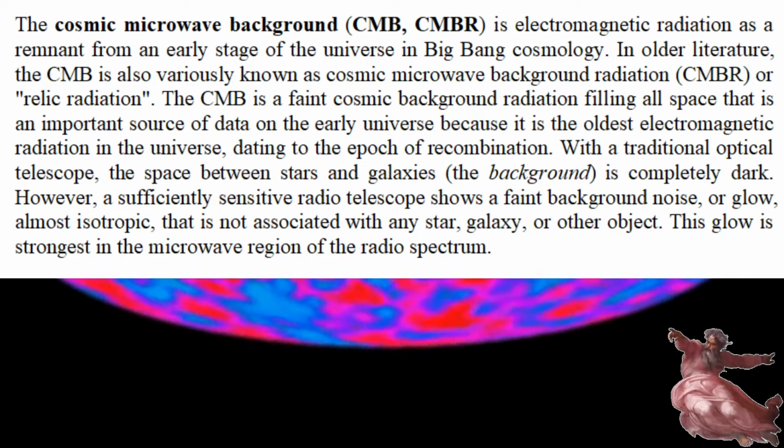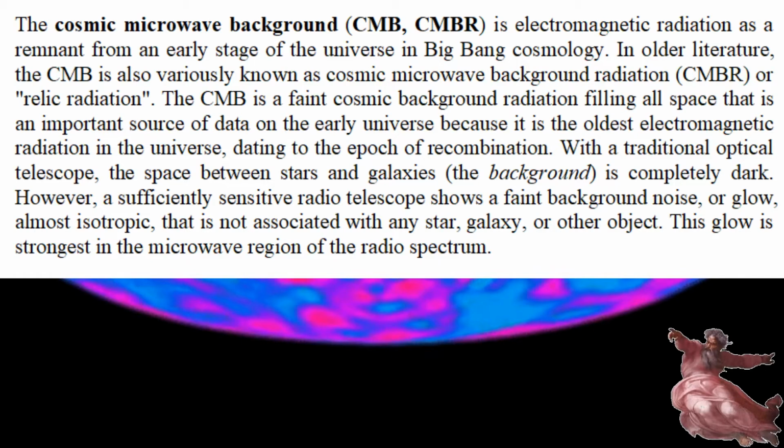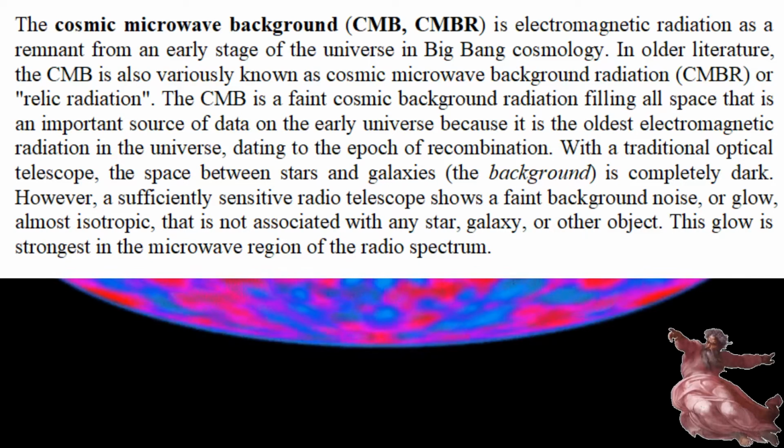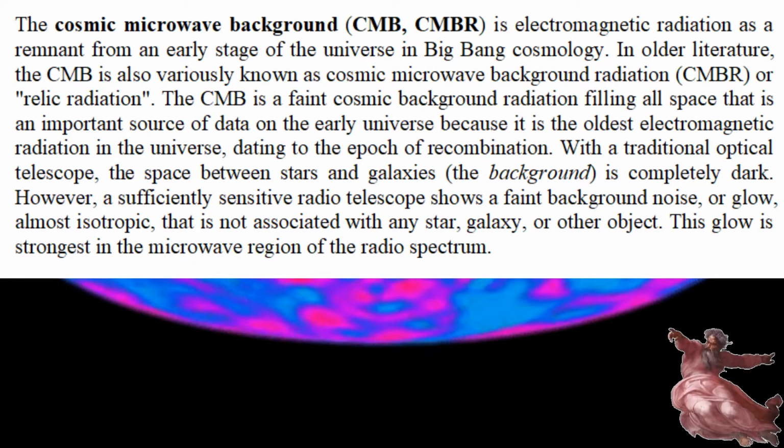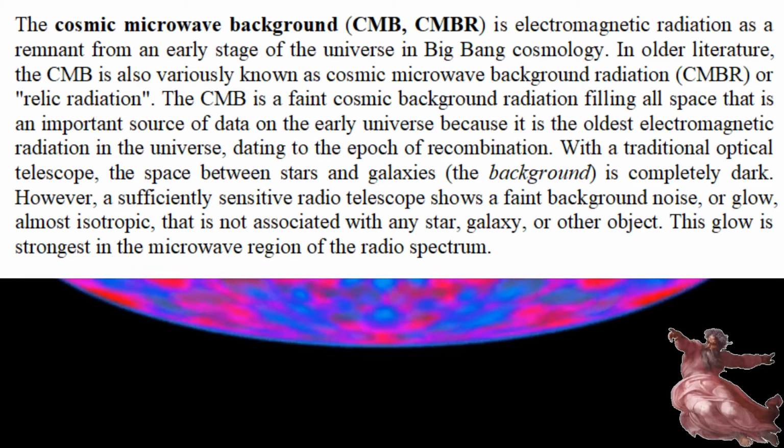It says it is the oldest electromagnetic radiation in the universe. So now we have an age for this radiation, dating to the epoch of recombination. With a traditional optical telescope, the space between stars and galaxies, the background, is completely dark.